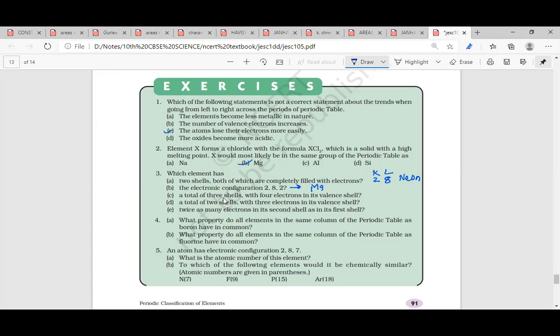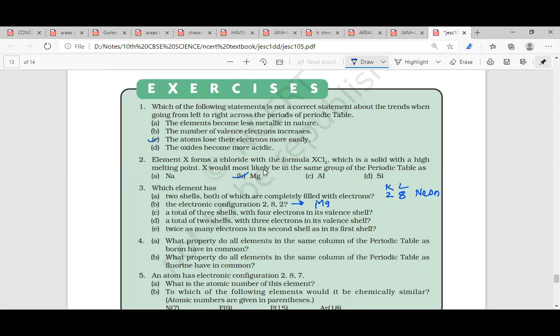A total of 3 shells with 4 electrons in its valence shell. First shell has 2, then 8, and then 4. That is Silicon. A total of 2 shells with 3 electrons in the valence shell.